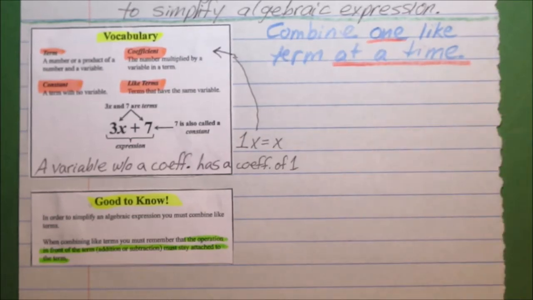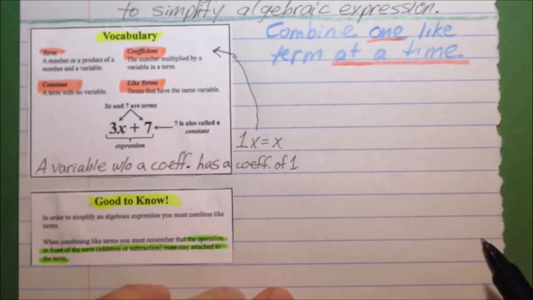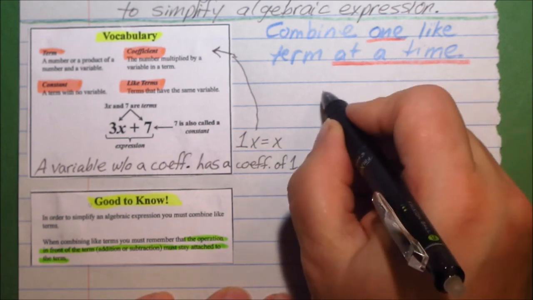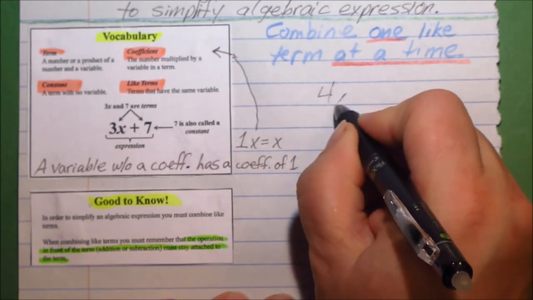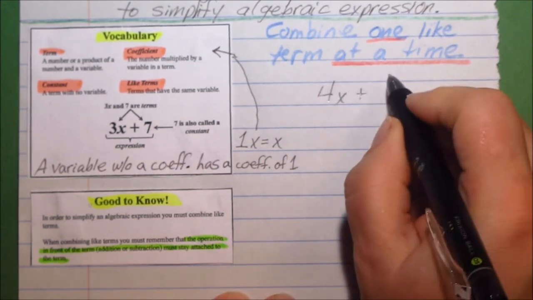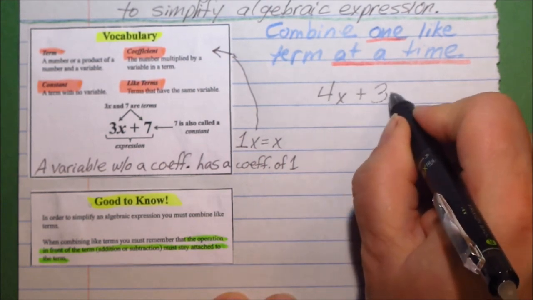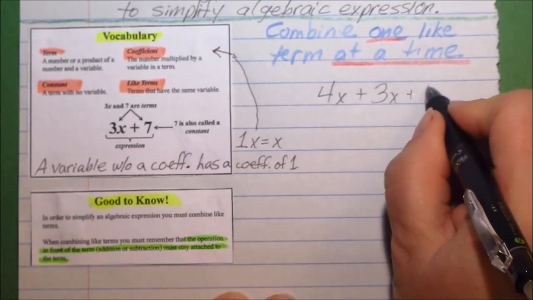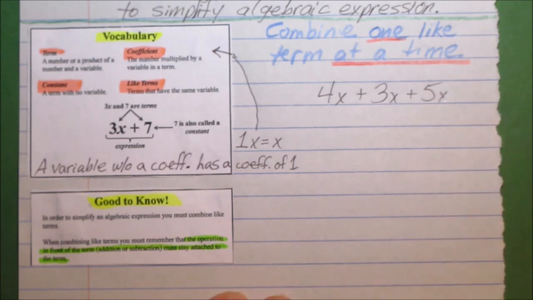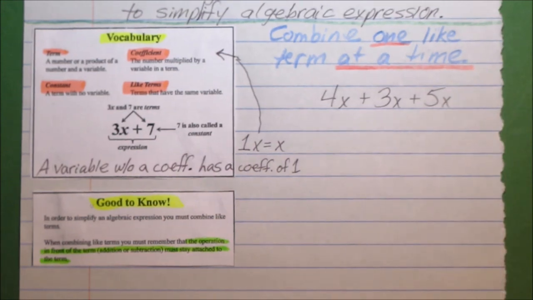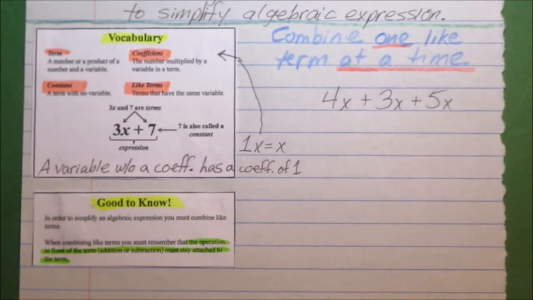All right, so this is how it looks. Let's say we have 4x plus 3x plus 5x, right? I need to combine my like terms and do it one like term at a time.